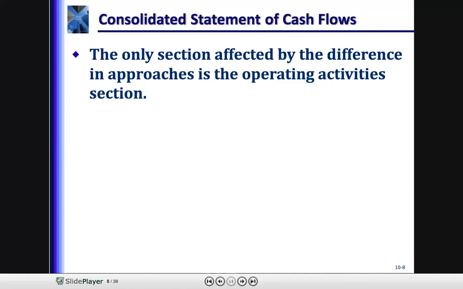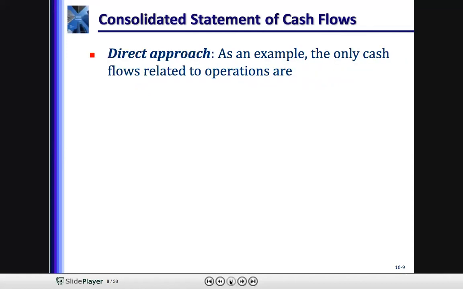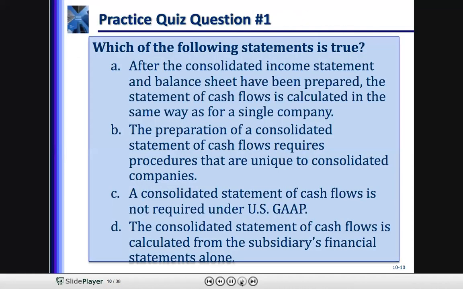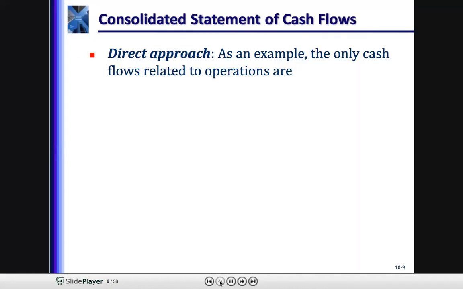I actually don't have a PPT for this one, so there should be more information coming after the slide. But I just showed you what the difference itself is between the direct and indirect approach.